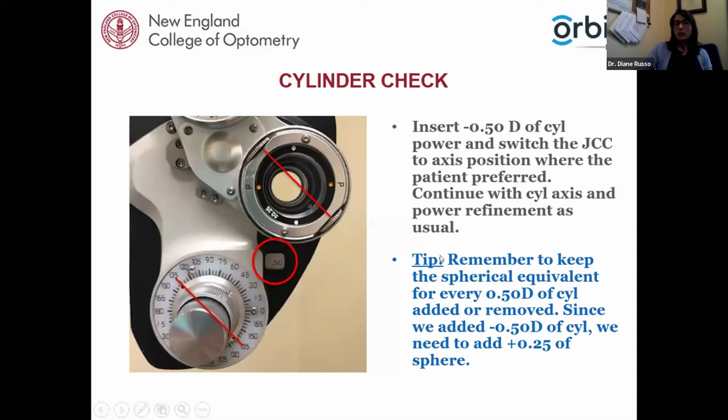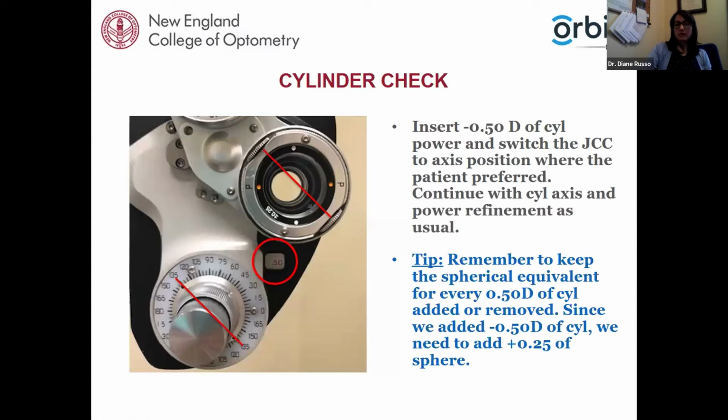The one tip here, which we don't have a lot of time to get into, is the spherical equivalent. You do want to make sure that throughout the procedure you are keeping the spherical equivalent, which means for every half a diopter of astigmatic correction that you change, so in this case we added a half a diopter of cylinder, we have to add plus a quarter to the sphere.